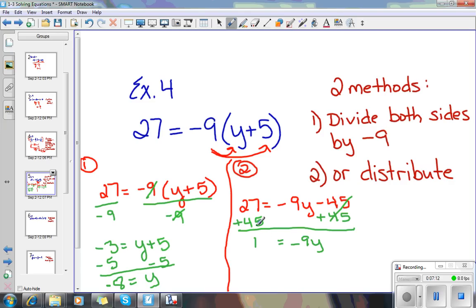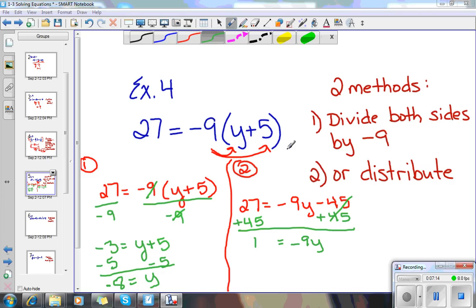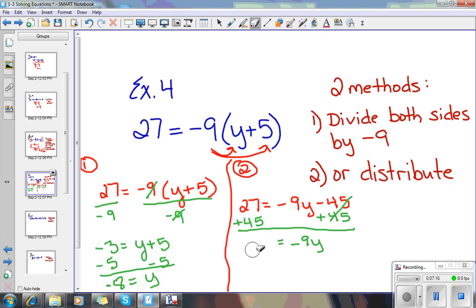No, that's not right. Oh, subtracting. Don't want to do that. So we're going to have 72. Divide each side by negative 9. And we get y equals negative 8.